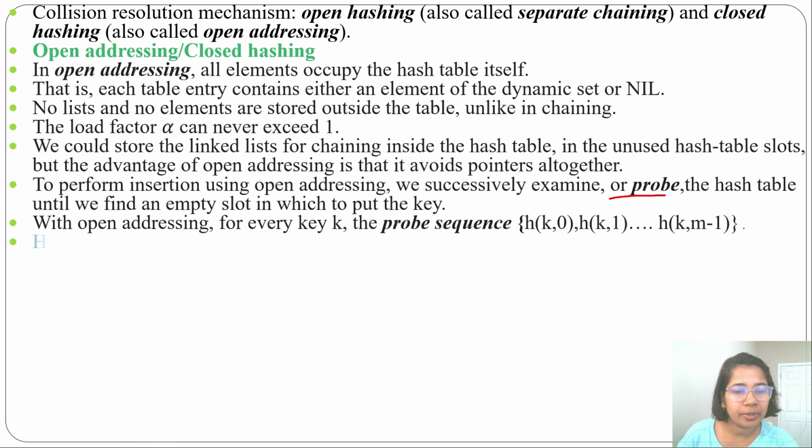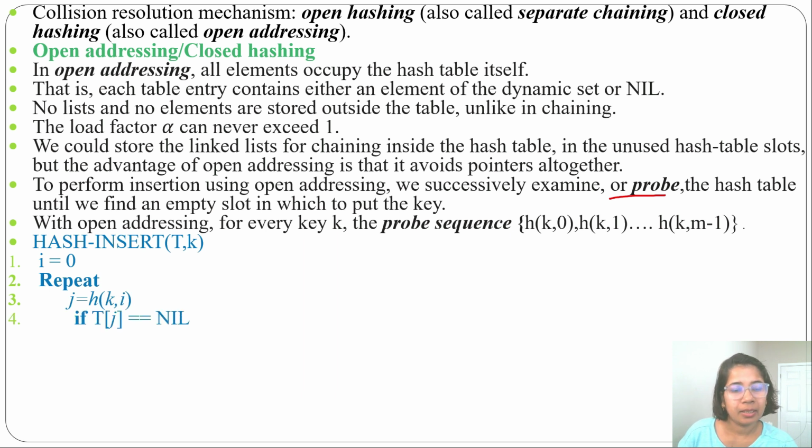The algorithm for insert: hash insert T, k, where T is the table and k is the key that we want to insert in the hash table. I equals 0, then repeat: j equals h of k, i. If T of j equals nil, meaning that it is free, then we can insert in that space.